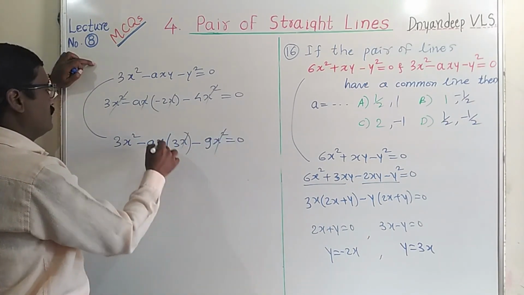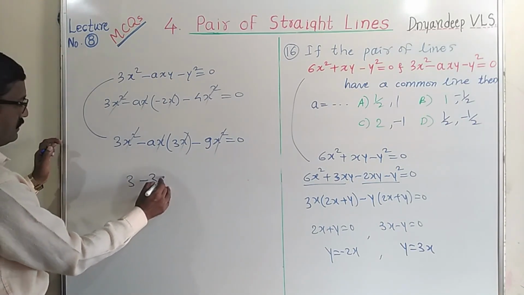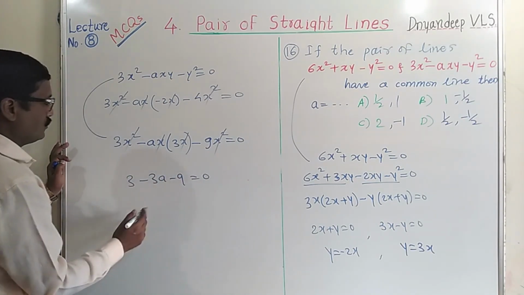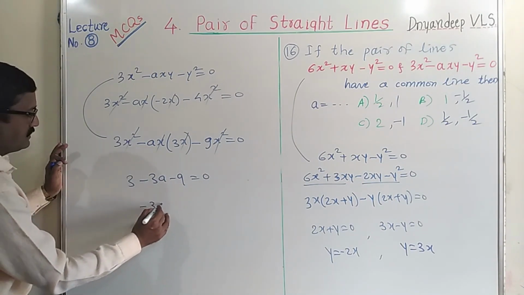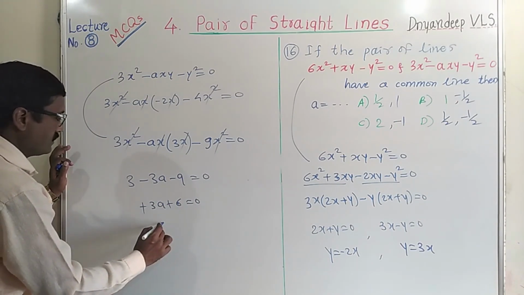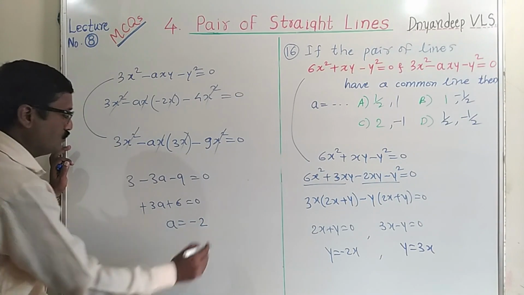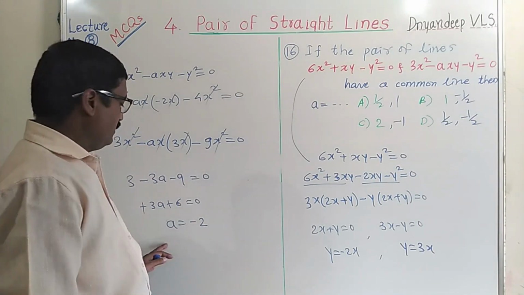Once again x square, this x square and x square will cancel, remains 3 minus 3a minus 9 equal to 0. So this is minus 6, so minus 3a minus 6 equal to 0. Minus minus becomes plus, so a is equal to minus 2. So another option will be minus 2.